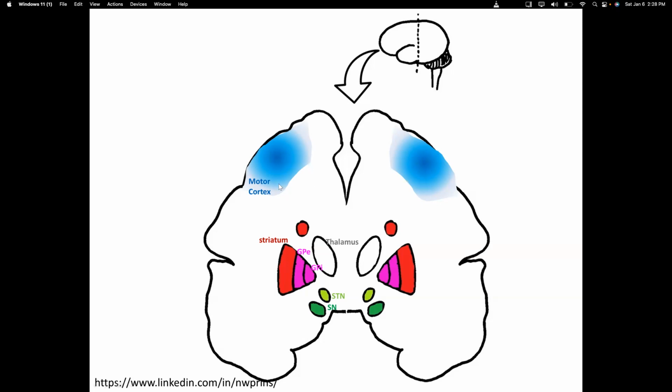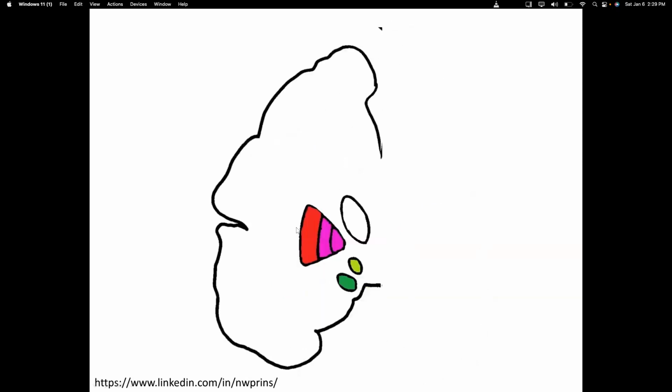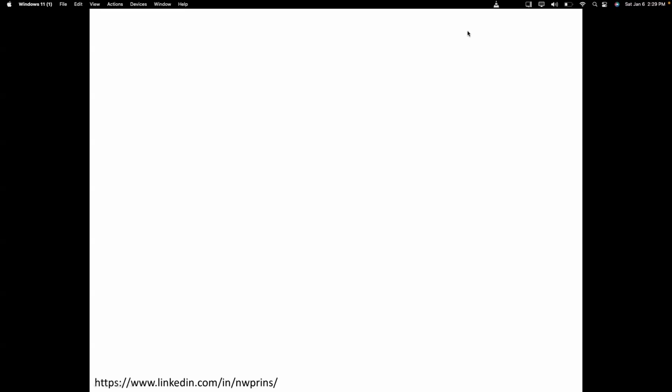Right. So I'm going to simplify the anatomy a little bit. I'm going to take out the caudate and draw it like this to help a bit with the explanation. Try to keep this in your mind as we go along, and let me redraw this. When I redraw this, I'm going to expand it so that I can show you the different parts.